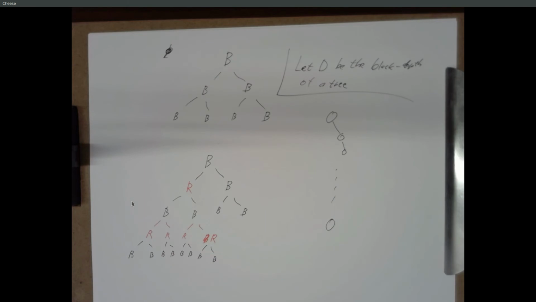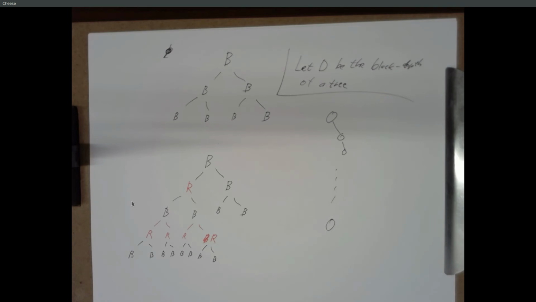That would only work if the tree had a black depth of 1. So the question is, how big is the depth? So if the black depth of the tree is D, what's the shortest path I could possibly have from the root to a leaf node? D. And what would that path look like?